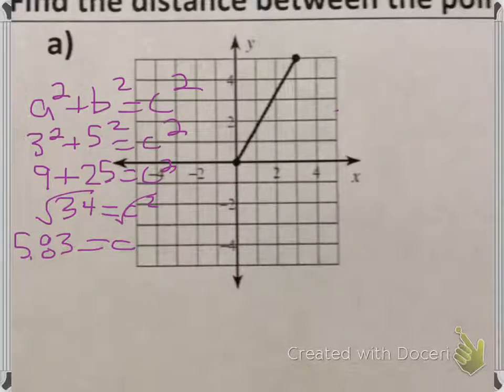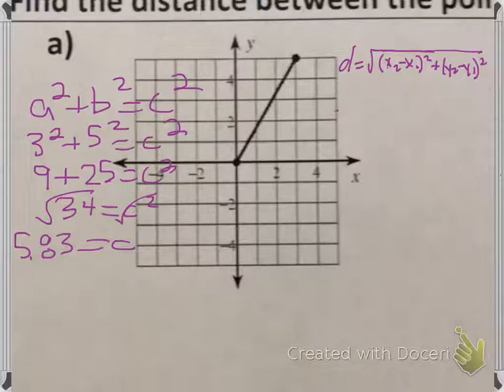It's distance equals the square root of x2 minus x1 squared plus y2 minus y1 squared. And that's the distance formula.